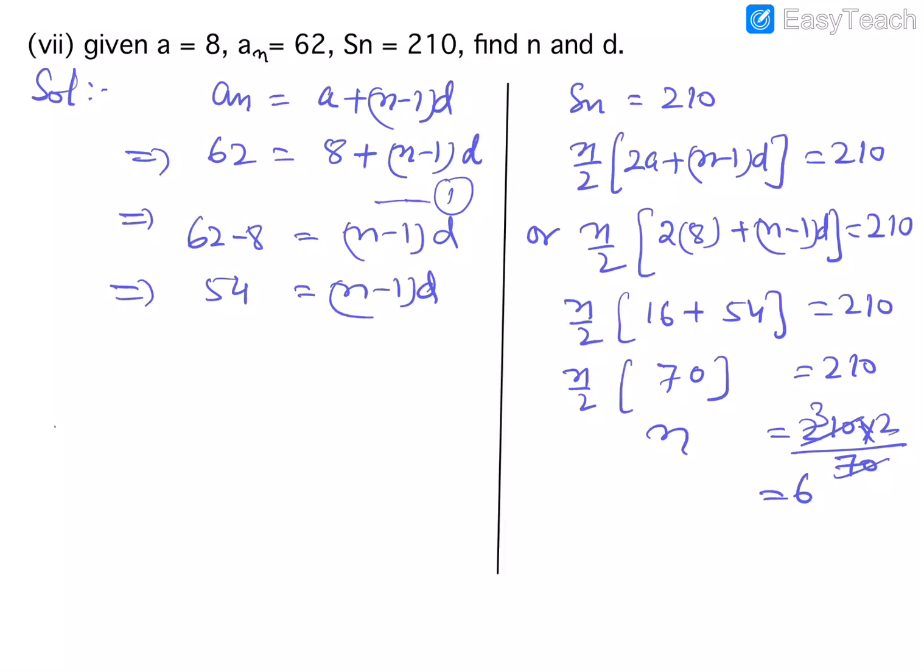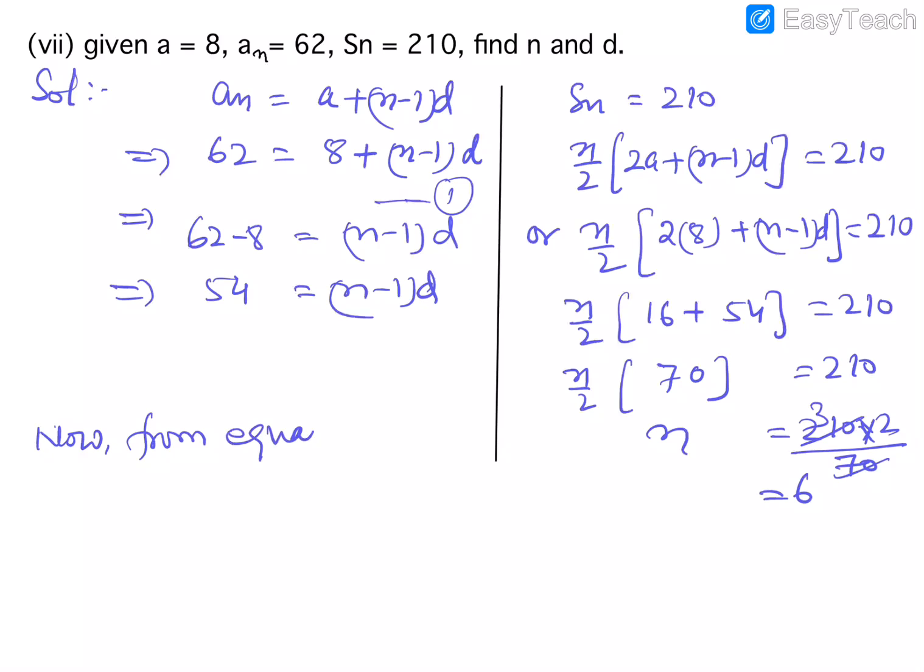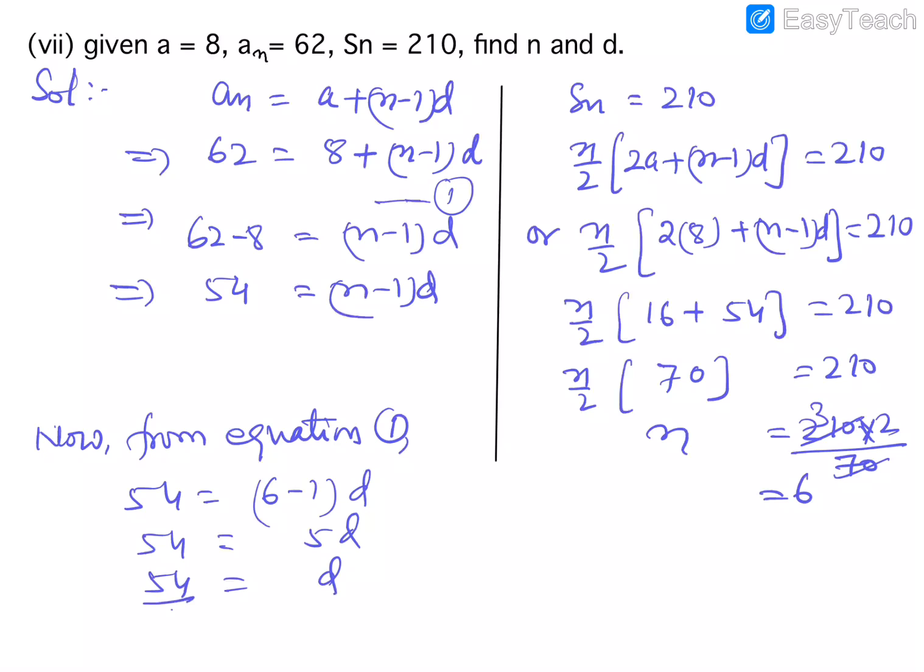Now from equation first, we have 54 is equal to n is 6, 6 minus 1 into d, that is 5d is equal to 54, so d is equal to 54 by 5. Thus d is this and n is 6.